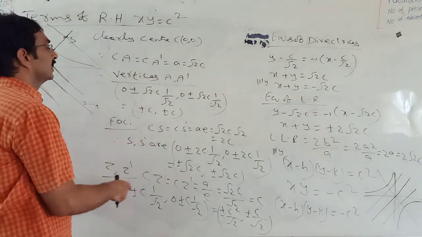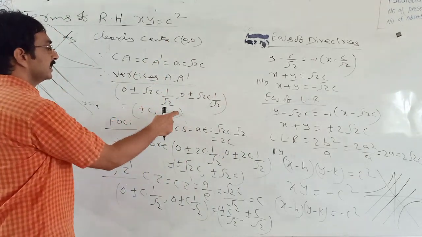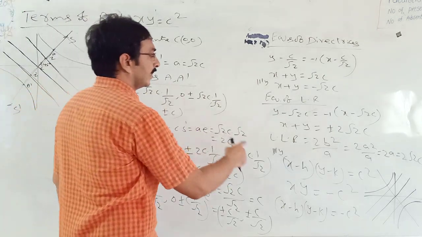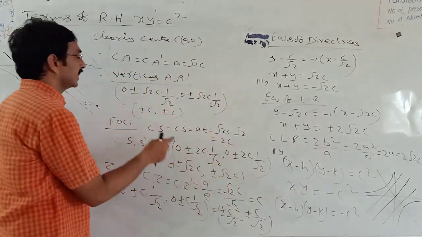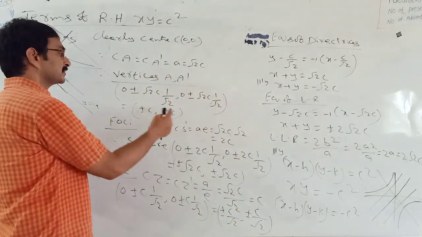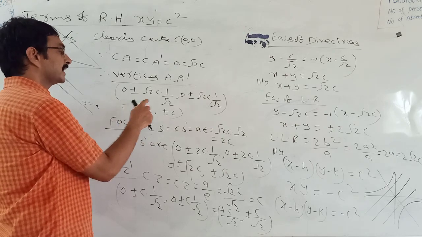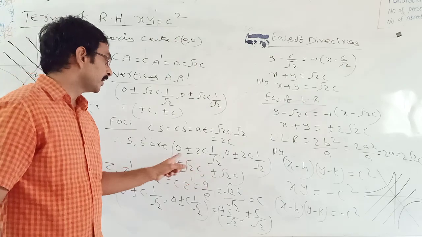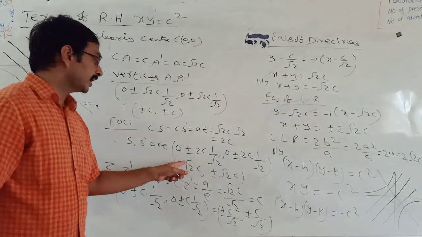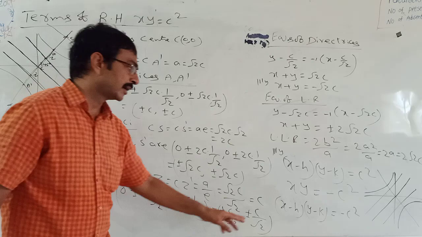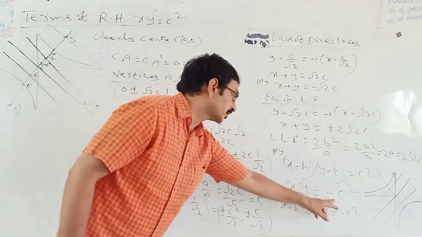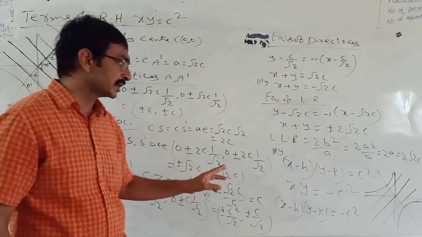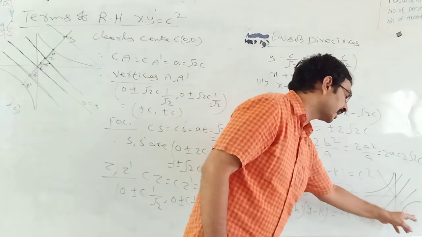No change in center. Here the vertices are (c, c) and (−c, −c). Therefore, the vertices of xy = −c² are the minus plus case and plus minus case, that is (−c, c) and (c, −c). Similarly the foci: here they are the plus plus and minus minus cases, but the foci of xy = −c² are the minus plus and plus minus cases, because the foci lie in the second quadrant and fourth quadrant.